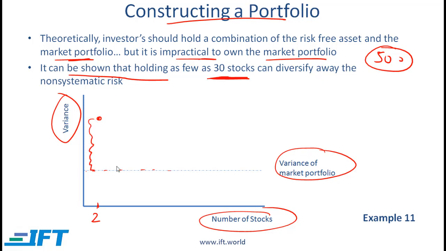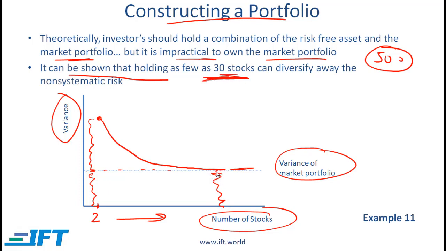This part of the risk is called non-systematic risk or diversifiable risk, and this part would be the non-diversifiable risk or the systematic risk. As we add more stocks to our portfolio, the risk will come down and level off at the systematic risk level. We can't get lower than this because this is the level of risk that is inherent in the system.